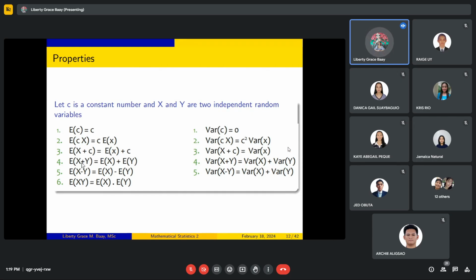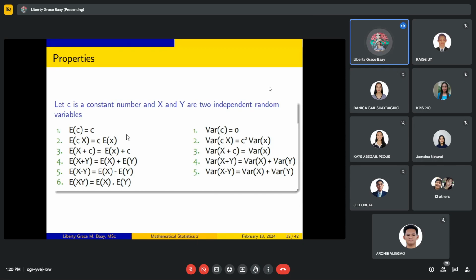The expected value of the sum of two independent random variables is the expected value of x plus expected value of y, and the expected value of the difference of two independent random variables, pwede po nimo siya mabulag, is expected value of x minus expected value of y. And the product of two independent random variables is simply the expected value of x times the expected value of y.